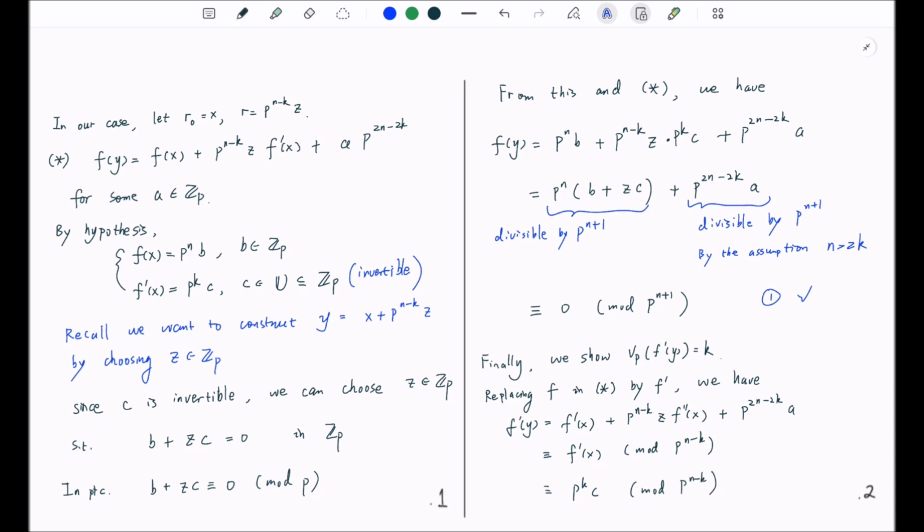Now here is the subtlety. Although we already know that c is invertible, we do not know whether f prime of y is equal to p to the power k times c in Zp. We only know that they are congruent to each other modulo p to the power n minus k.